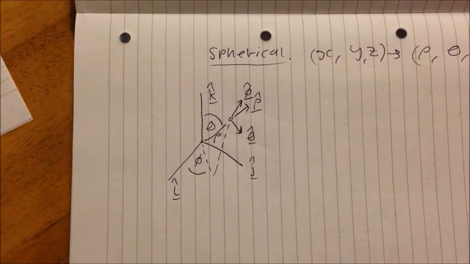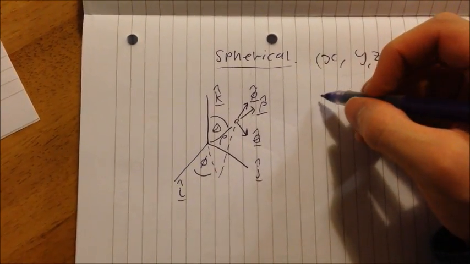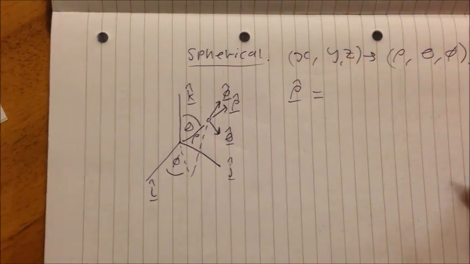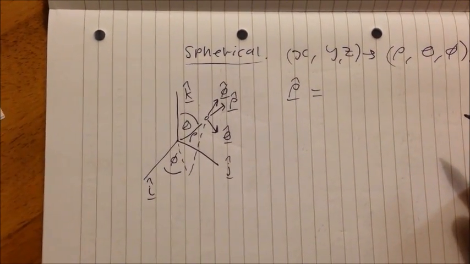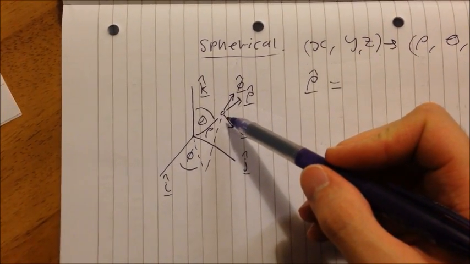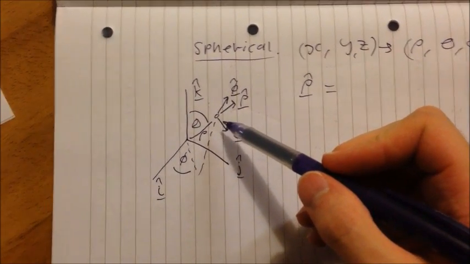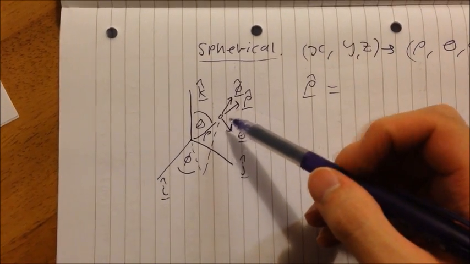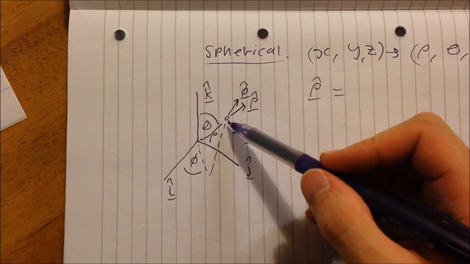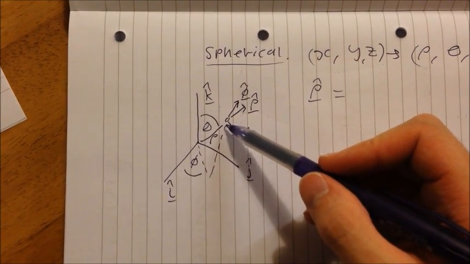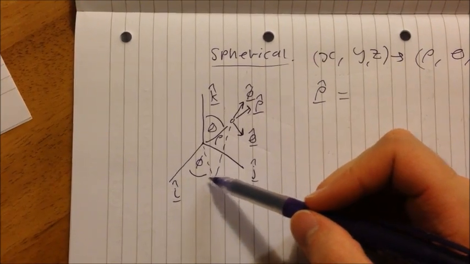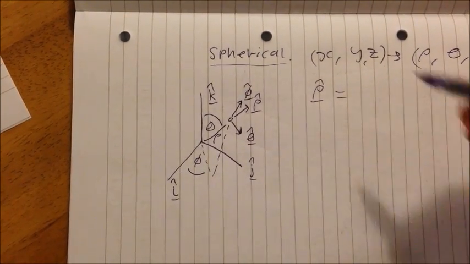Okay, and from the diagram you may be able to see that the i component of the rho unit vector is sine theta, gets you there, and then cos phi i.